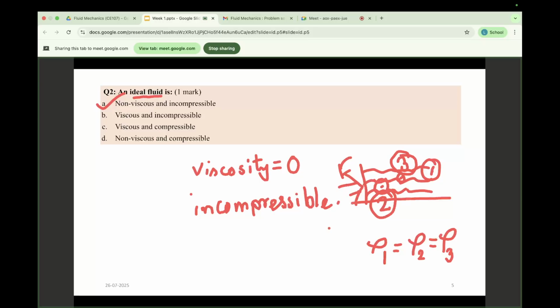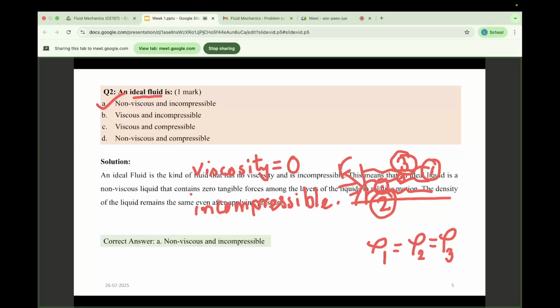Also, I think in class 11 or 12 you have studied Bernoulli's equation and Euler's equation. You can only apply those equations if the fluid is incompressible and has zero viscosity, that means it should be an ideal fluid. So this assumption is also used in the application of Bernoulli's equation. So the correct answer is option A, non-viscous and incompressible.